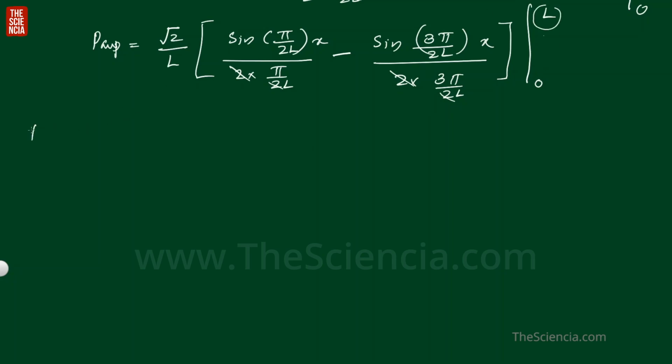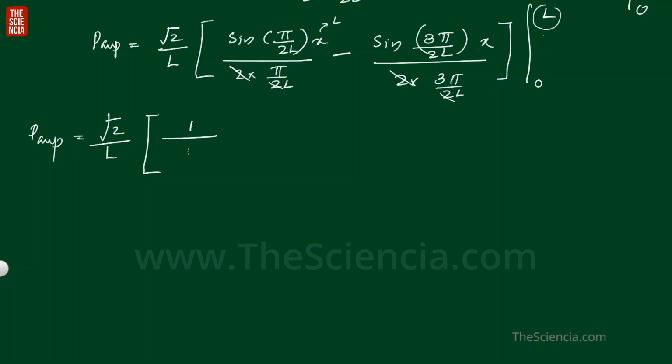That is, we get the probability amplitude equal to root 2 by L into sin pi x by 2L. When we substitute the value L here, this L and this L cancel and we get sin pi by 2. The value of sin pi by 2 is 1.